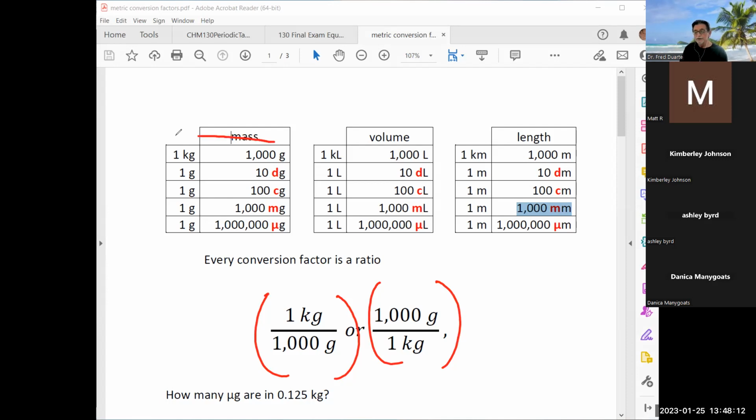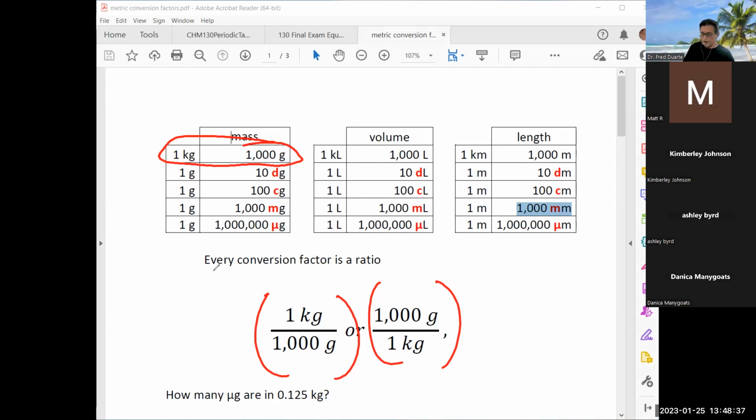This is using this particular relationship, but you can do that with every one of these, okay? Now, by setting it up in this manner, you can set it up for a particular question, okay? By keeping track of your units, you would determine how to set up your conversion factor.